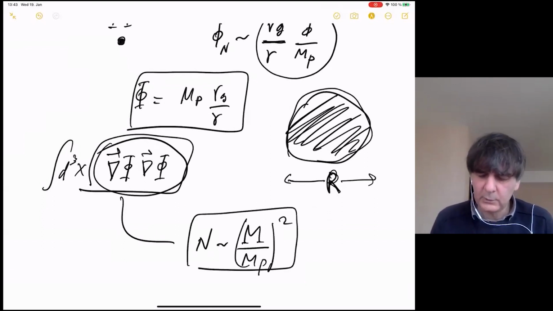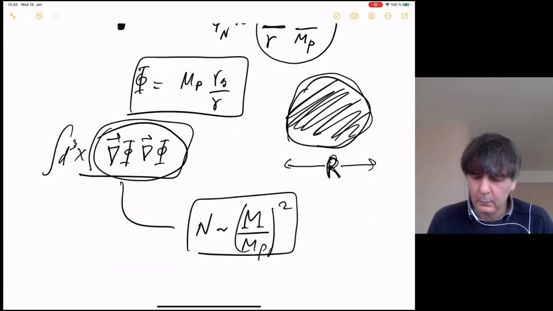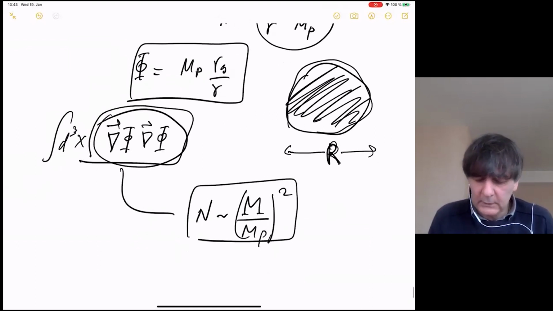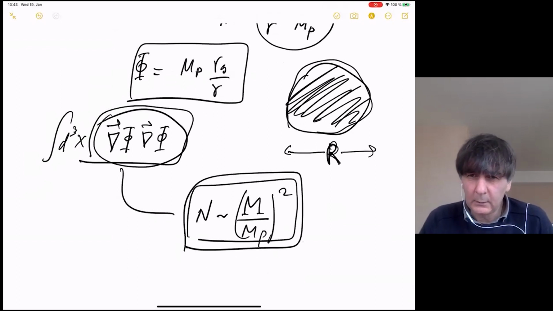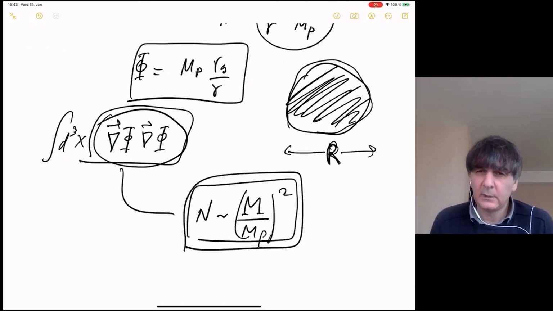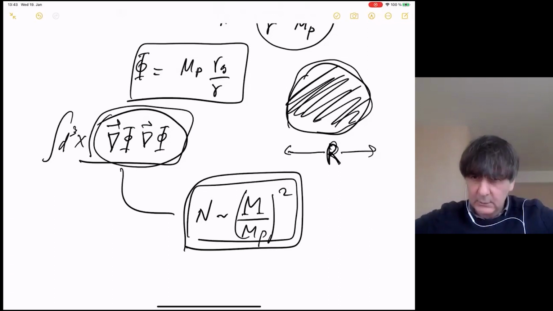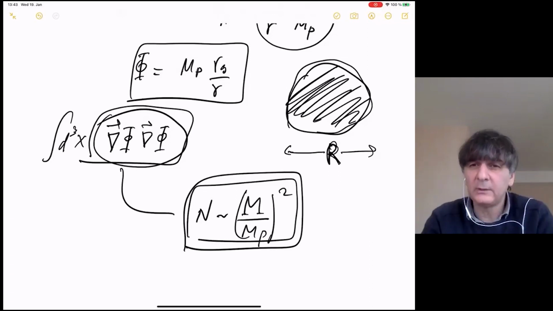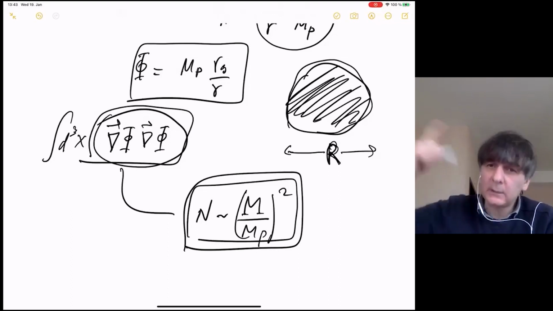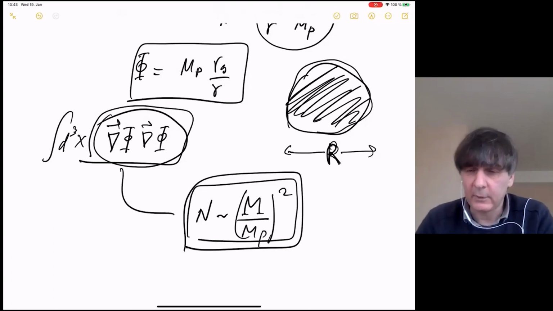So this is the occupation number, and the dominant wavelength that contributes to the gravitational self-energy is R. Now, this immediately tells you that this is a very good measure of the classicality of the field. If the mass of a distribution is much larger than the Planck mass, you cannot treat the corresponding field as quantum. There is no way, at the wavelength that contributes to the gravitational self-energy.